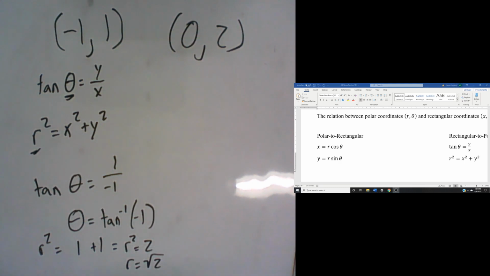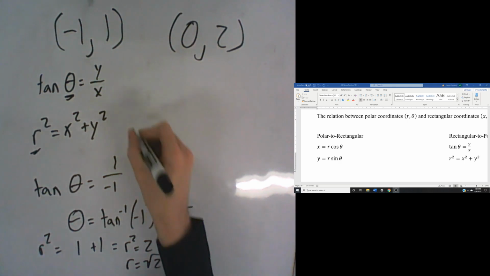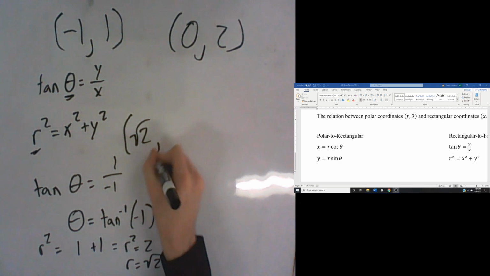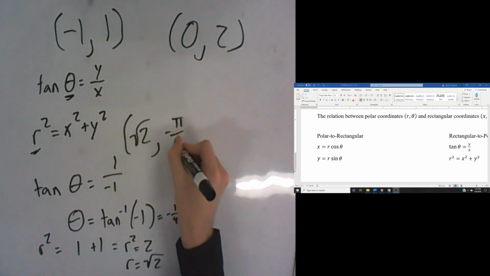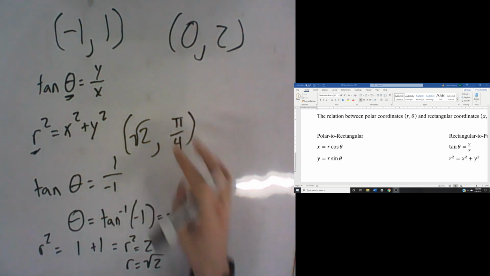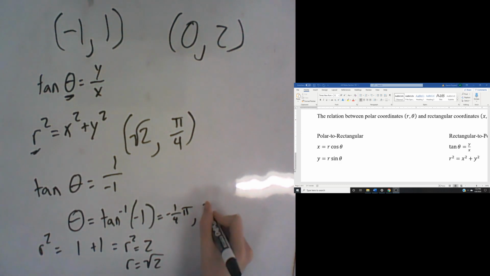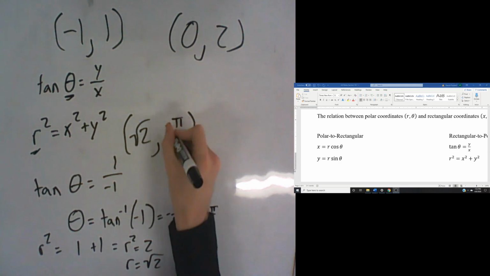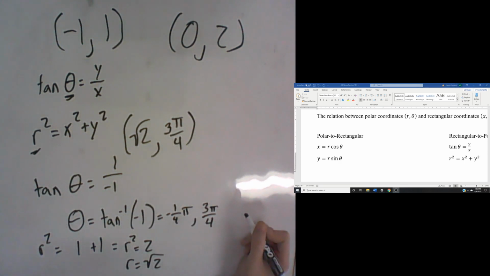Tan inverse of negative 1 gives us negative pi over 4. So our answer is root 2, negative pi over 4. Is this consistent with what the book says? The book says 3 pi over 4. This could be negative pi over 4, or 3 pi over 4. So this would be 3 pi over 4.